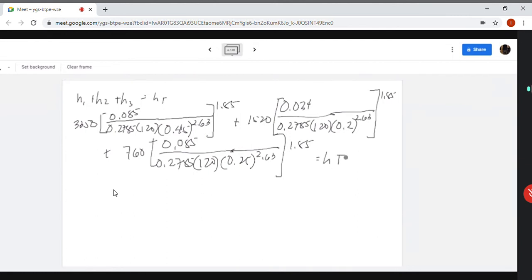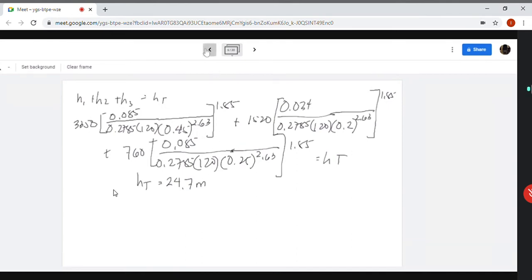So this is equal to the total head loss, which is 24.7 meters.